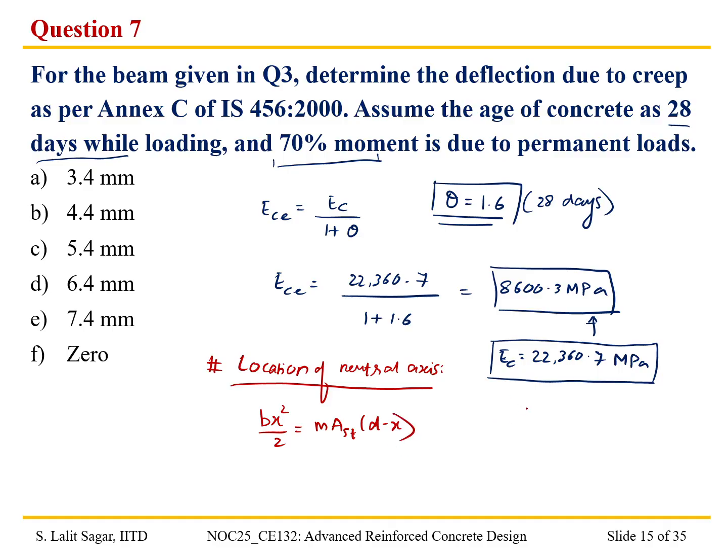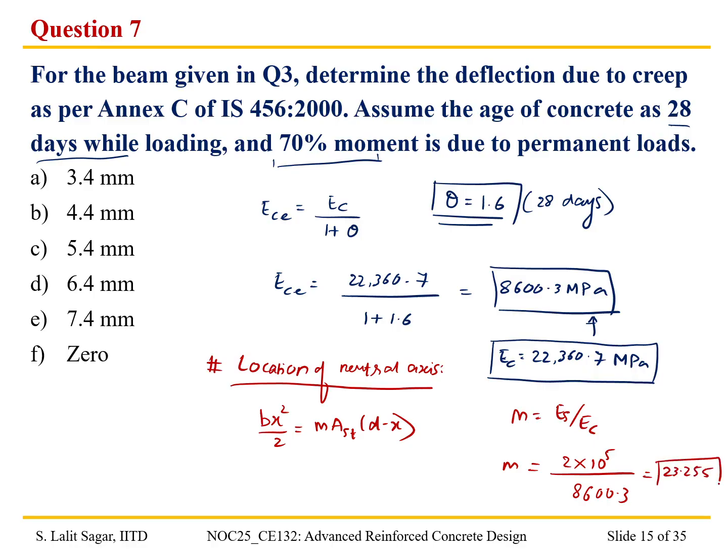What is the value of m? m is equal to E_s divided by E_c, that is 2 into 10 to the power 5 divided by 8600.3, which gives me a value of 23.255.